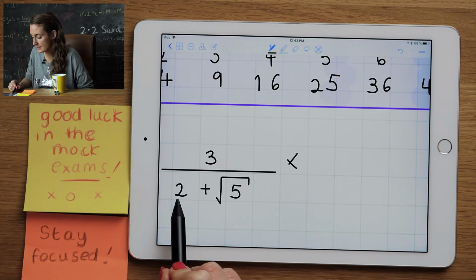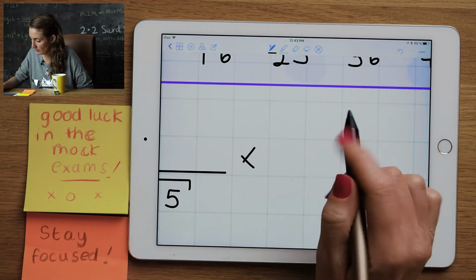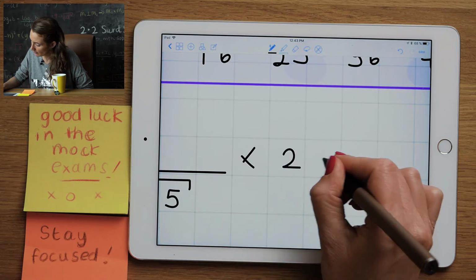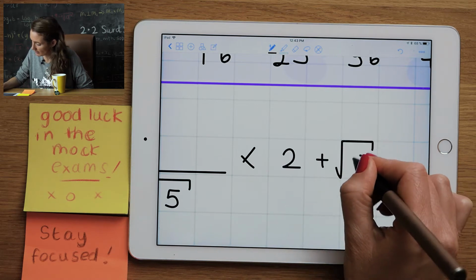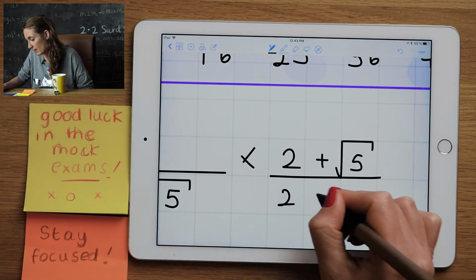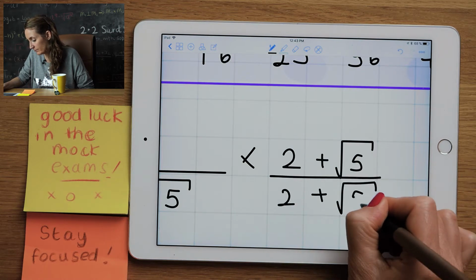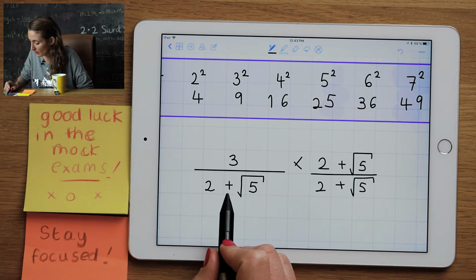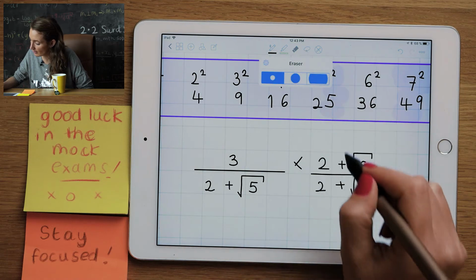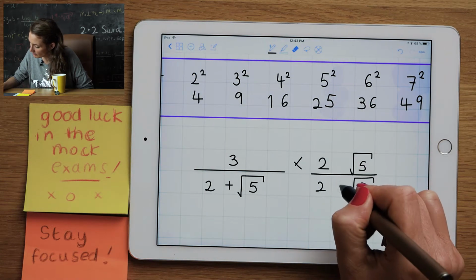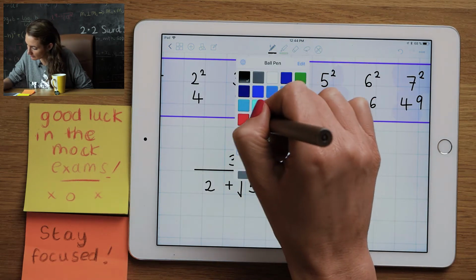The conjugate is the same as the bottom of the fraction, but the only difference is, instead of having a plus in the middle, like this, we change the sign to a minus. So I'm going to rub this out and I'm going to put in a minus.